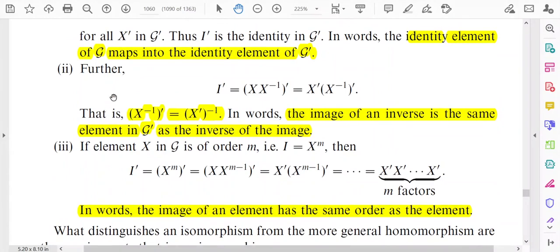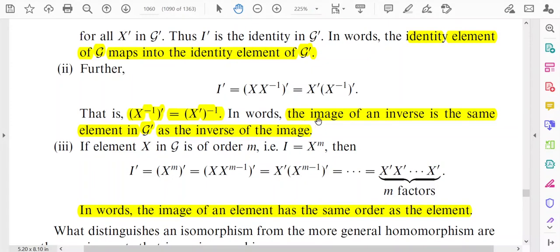The next result is that we can write I' as (x x inverse)', because for I we are writing x inverse. Now as per the rule of the homomorphism, this can be expressed as x' into (x inverse)'. As the left hand side is I', we can say that (x inverse)' is equal to (x')inverse.